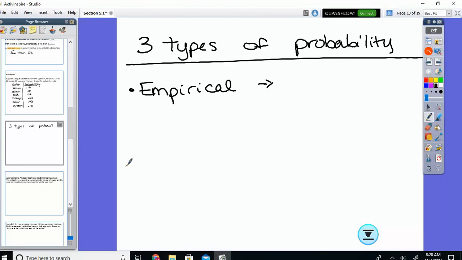Okay, what's the probability of getting a heads? 0.5. Is that necessarily what happens if I give you a coin and you flip it 10 times? No, but if we keep doing that, then most likely it will approach that. So empirical probability is kind of like your expected. If I said the probability of getting a heads when I flip the coin is 0.5, it's what we expect to happen, what should happen.